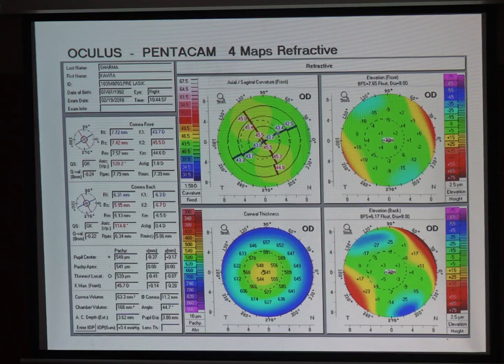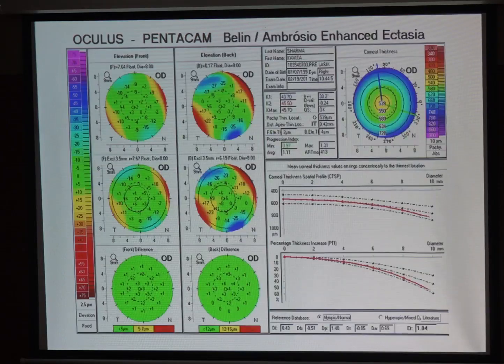And then, for example, if you have localized that there is a steepening in some particular part of your map, say inferior steepening, you have to correlate it on the pachymetry map as well, that the corresponding area has got thinning also, and on the elevation map, the corresponding areas have got elevation also, right? And this is the BAD display which you have for the front and the back surface.